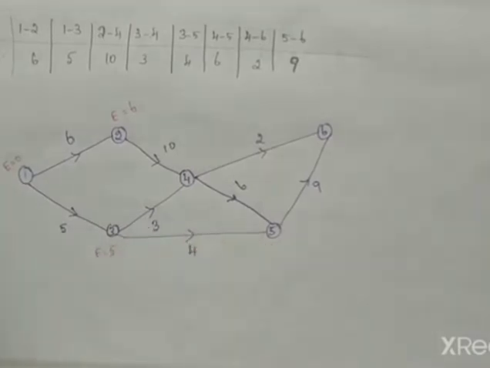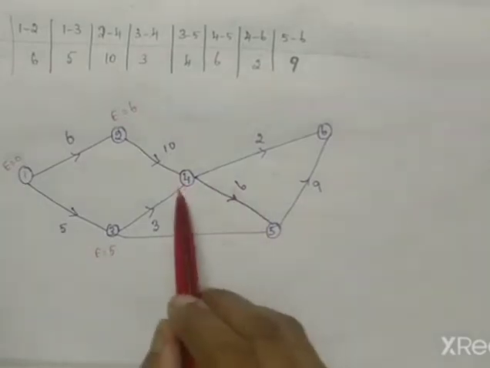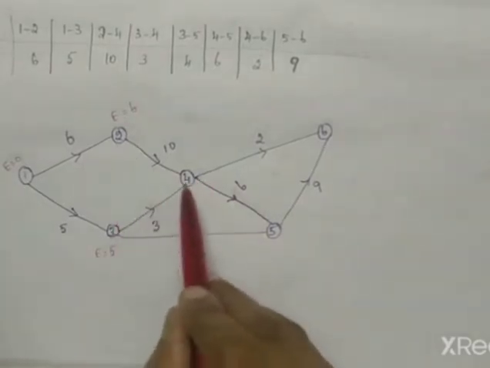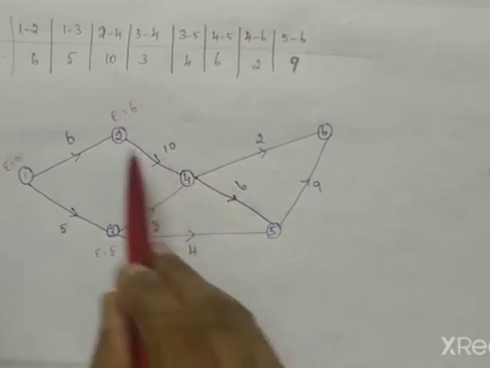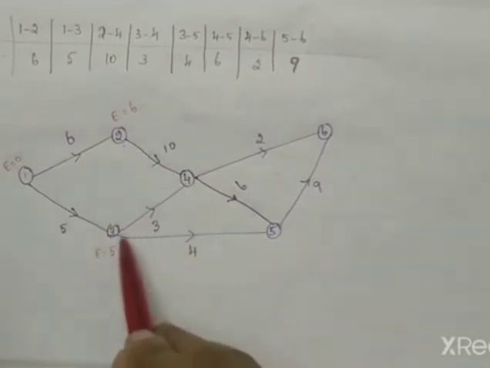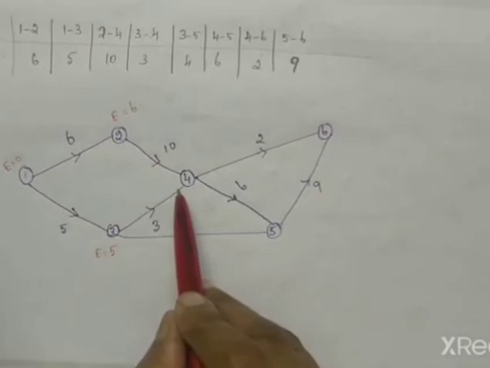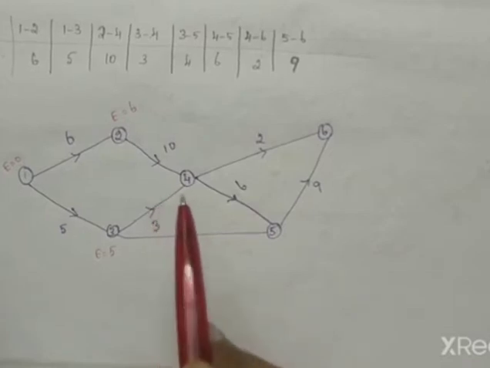Next we come to the fourth activity. Listen carefully: for 4 there are 2 incoming activities. So the E value will be the maximum of the duration plus the previous E value for each. E value is always the maximum.